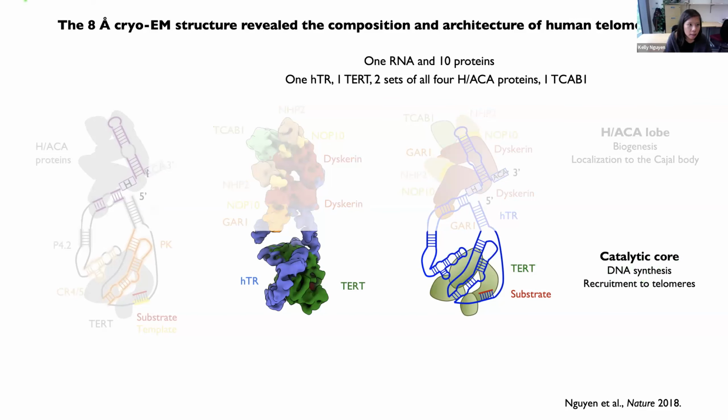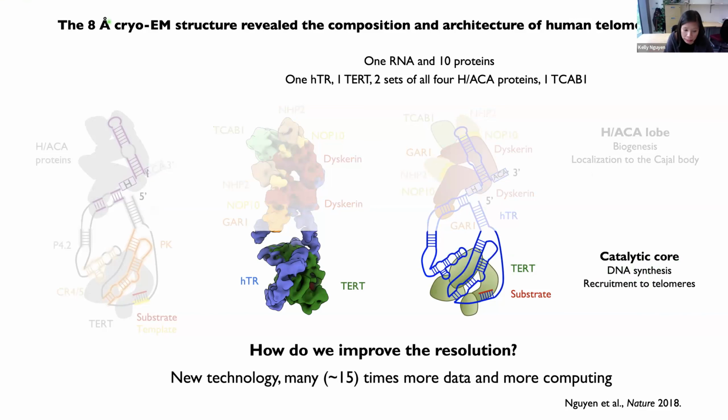But again, as I said, this is very far from 3 to 4 angstrom. So the next question we ask is, how do we improve the resolution? In short, the answer is a number of things.